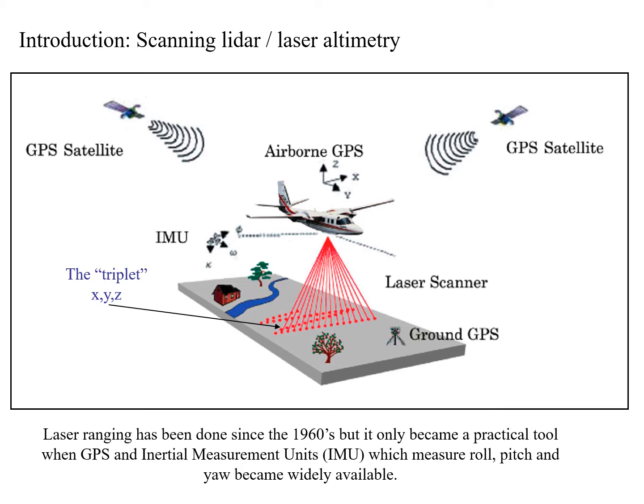That's what roll, pitch, and yaw are. Those are the 3 components of where you're pointed. So if you know where you are and where your plane is pointing, then you know where the laser is pointing. You combine that with the range and you get an X, Y, and Z coordinate on the surface of the Earth. And we sometimes talk about that as being a triplet.